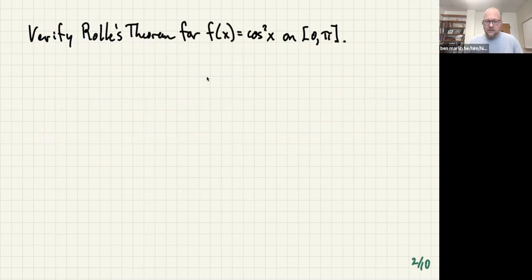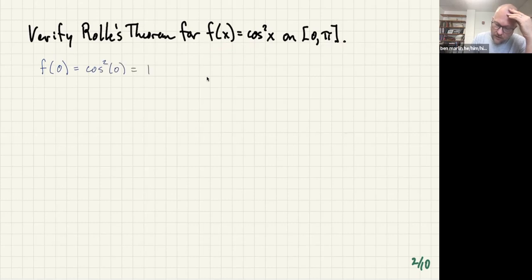So let's work through showing that this is true by just direct calculation on one of these problems. So we're going to be dealing with the function f of x equals cosine squared x on 0 to pi. And I have set that up so that when you plug in f of 0, you're going to have the cosine squared of 0.